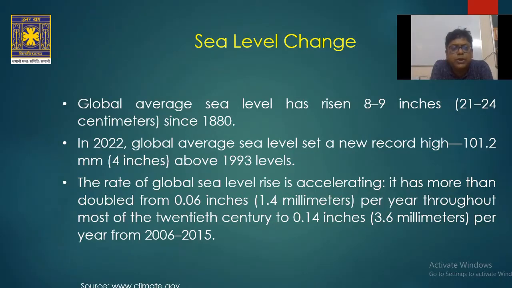In 2022, global average sea level set a new record high, 101.2 millimeters above 1993 levels, and the rate of global sea level rise is accelerating, more than double from 0.06 inches per year throughout most of the 20th century to 0.14 inches per year from 2006 to 2015.